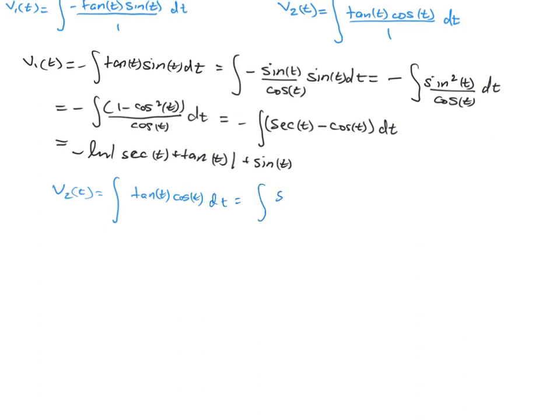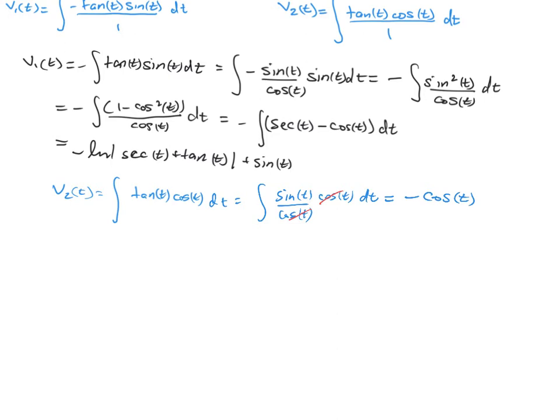All right, so again, this is the sine of t over cosine of t times the cosine of t that's already there. And you bet, those cosines do cancel out. And you're left just integrating the sine of t, which we know is the negative cosine of t. Once again, we do not use an arbitrary constant here.